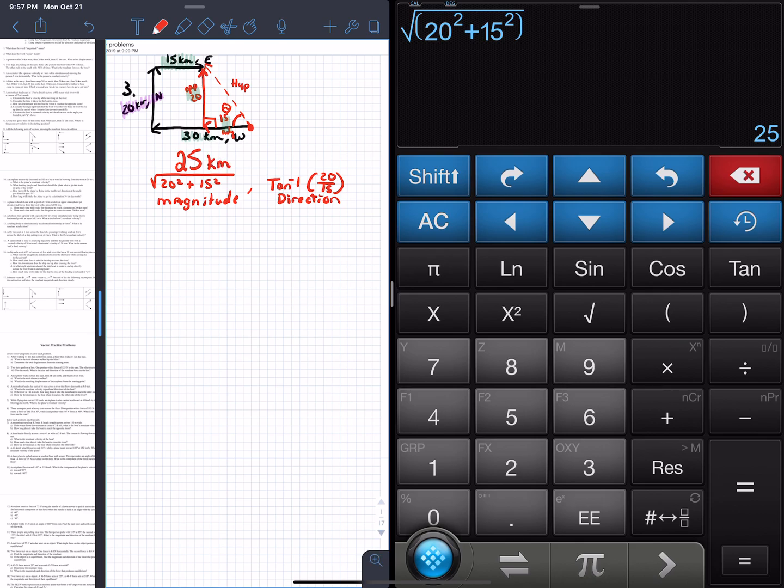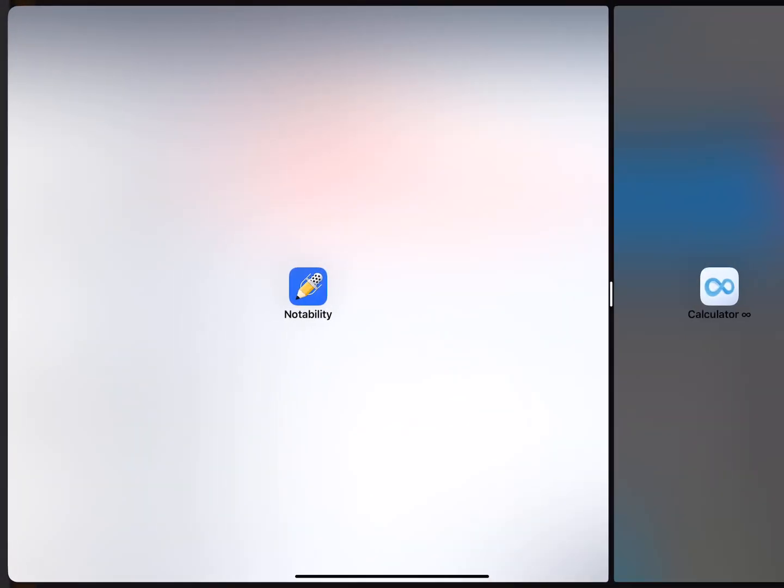That's how far they would have walked along the path from beginning to end if we had a straight line from beginning to end. And then for the angle, we have inverse tangent, 20 divided by 15, at a 53-degree angle.